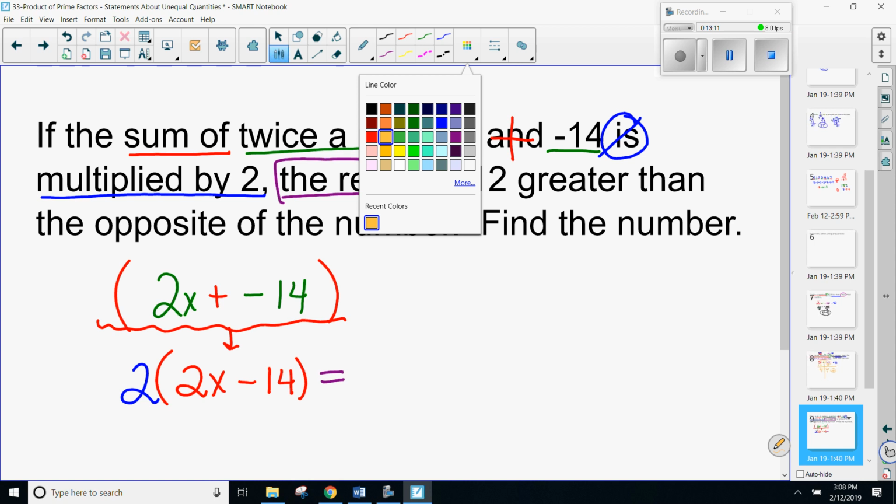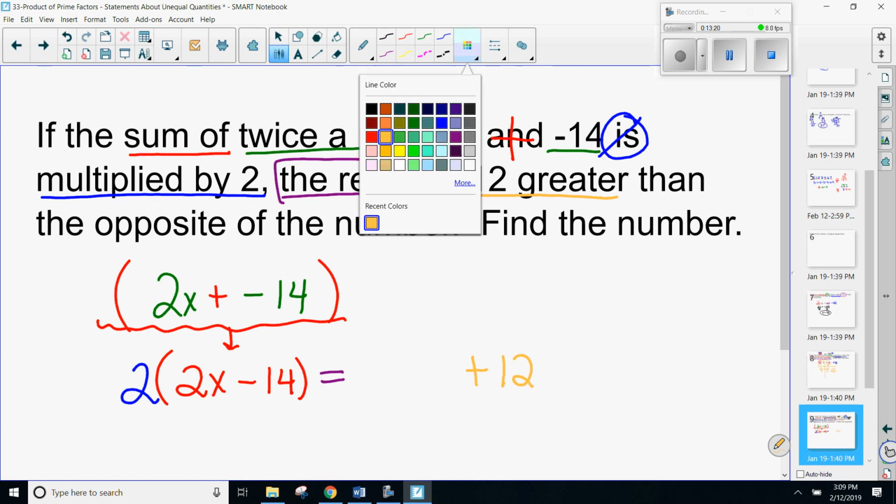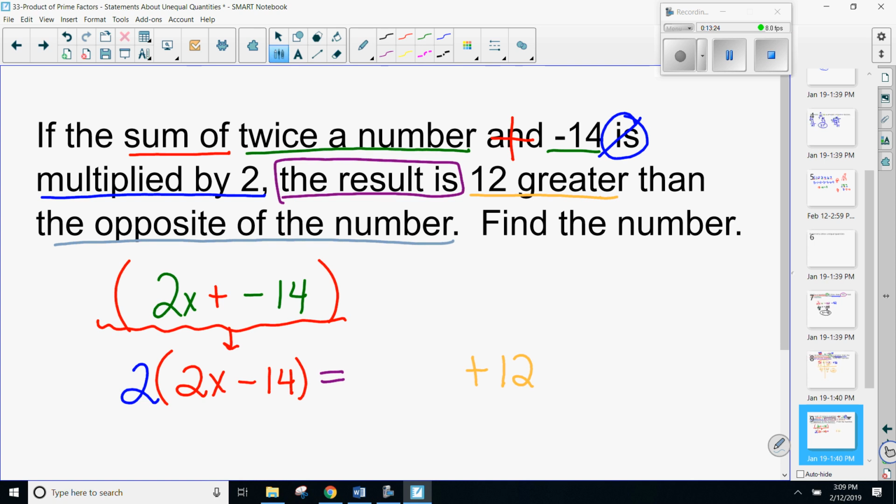12 greater than. Leave a space. Plus 12. 12 greater than the opposite of the number, which is negative x. Question on that setup. You got to be able to take it from words and put it into the equation.